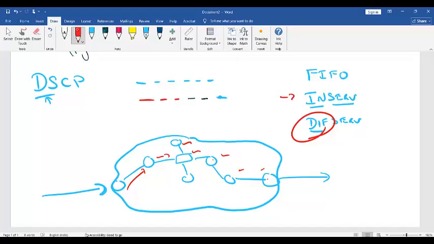That madam is still wearing her shoes, but the people are under the sun for half an hour. That is INTSERV, not good. DIFFSERV is hop by hop. Even in QoS, DIFFSERV is good, not INTSERV.